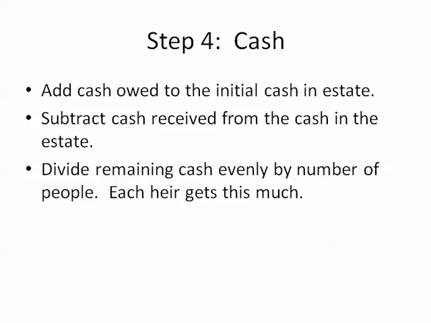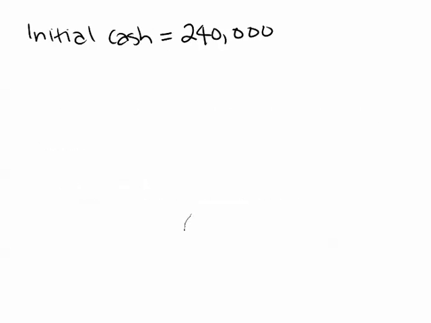So you'll notice on that last page, some people got cash and some people paid cash to the estate. So we need to balance that out. We have to figure out the cash owed and the cash received. And then we're going to take that remaining cash and divide it out evenly by the remaining heirs.